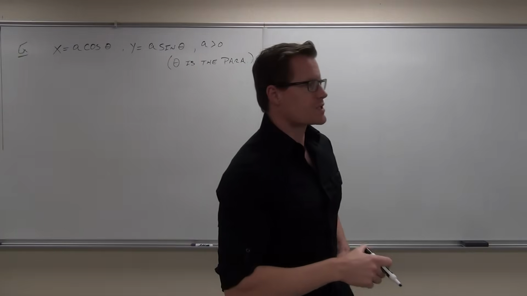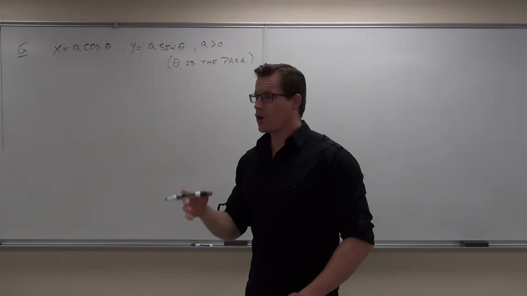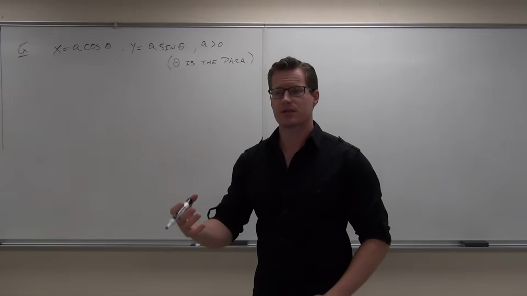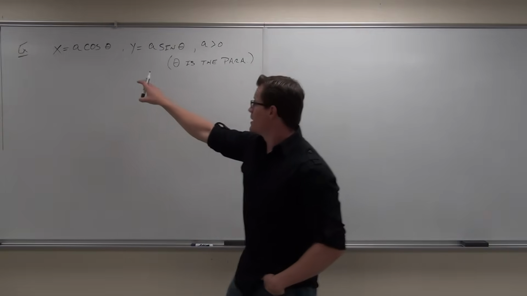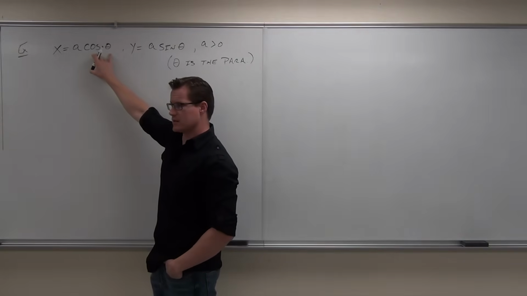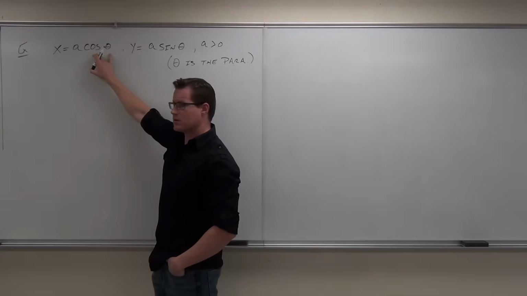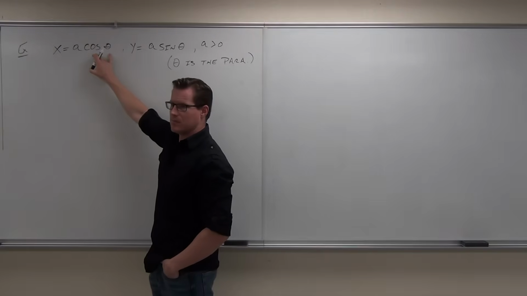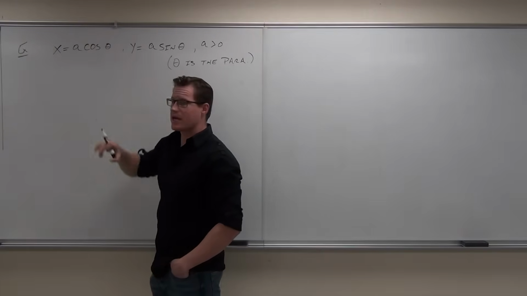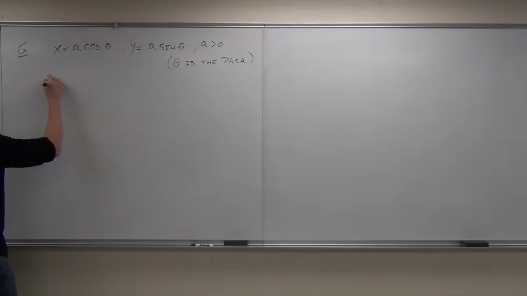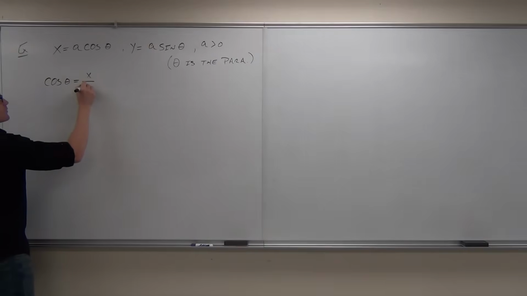Now, sometimes it's really hard to solve explicitly for your parameter. For instance, let me have your eyes on the board here real quick. Can I solve that for theta easily? Yes. How? No. Divide by a. Okay, I can divide by a. That's okay. If I divide by a, I'm going to get cosine theta equals x over a.